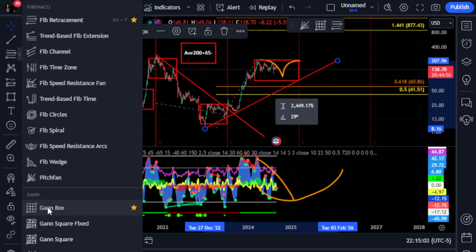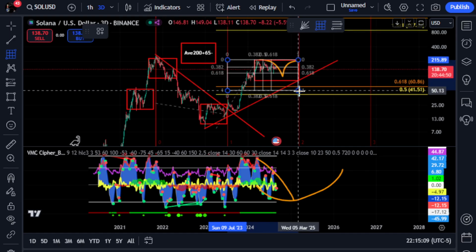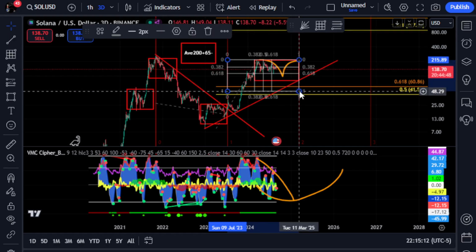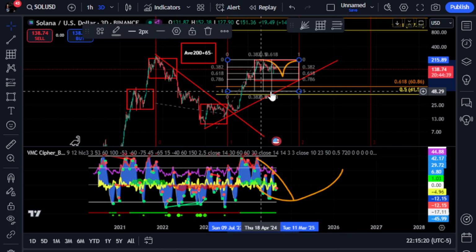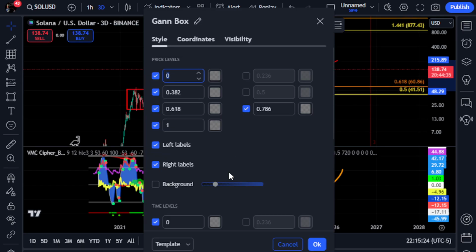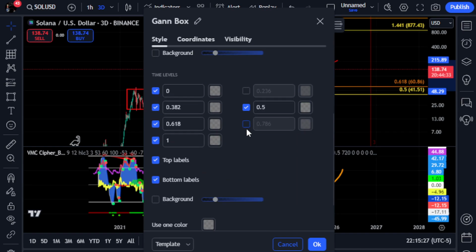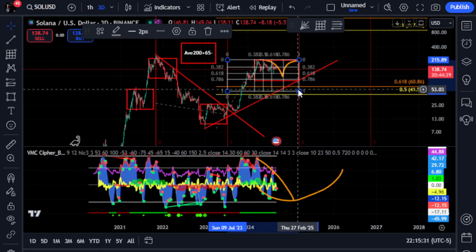Let's grab our Gann box here and just start it right here to right here, and I want to throw on 75%. Here's our 786. That's close enough. Oh, that was price level. We need the time one. 786. There we go. Right on the money, you know.